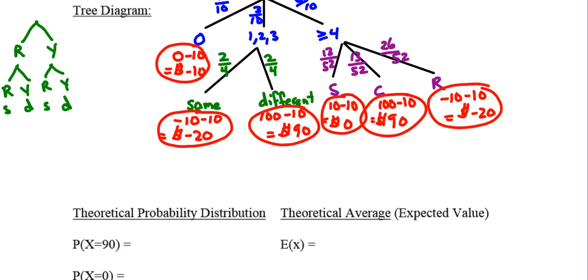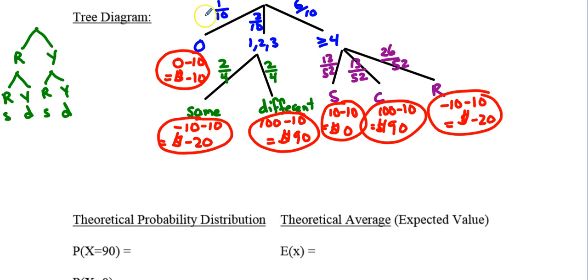So for our probability distribution, in order to win $90, there are 2 outcomes. The first outcome is rolling a 1, 2, or 3, which is 3 out of 10, and flipping 2 different colored chips, which is 2 over 4.